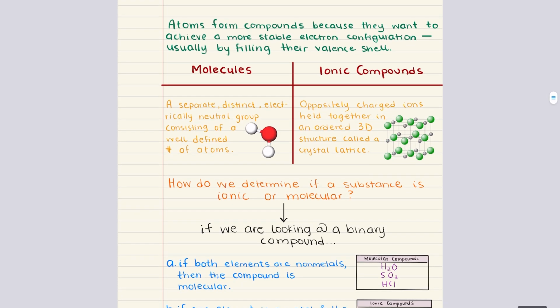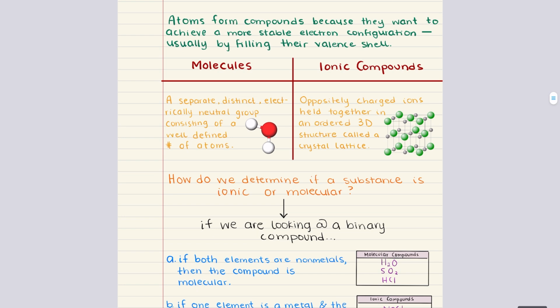Now that we understand electronegativity and how it determines bond type, let's take a step back and look at why atoms form compounds in the first place. Atoms bond together because they want to achieve a more stable electron configuration, usually by filling their valence shell.